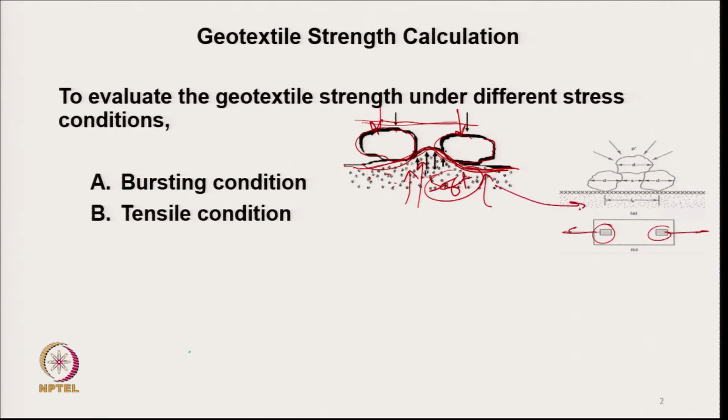So, here again the soft soil is there below the geotextile, which is placed for separation purpose, and the pressure is applied on the stones which are placed above the geotextiles, and due to the downward pressure on this stone, the other two stones will try to move laterally, and which will create a situation like a grab test, where this is a textile material, geotextile.